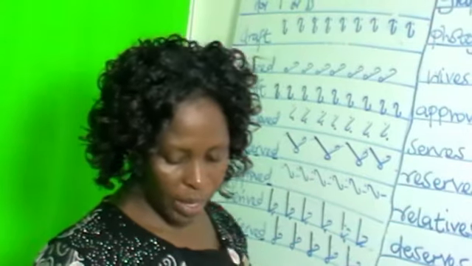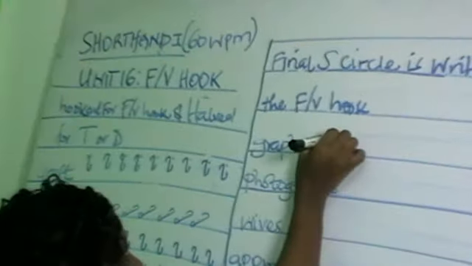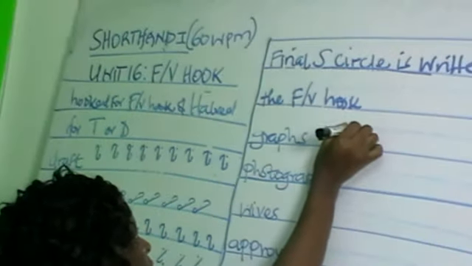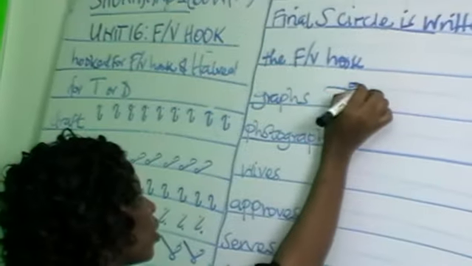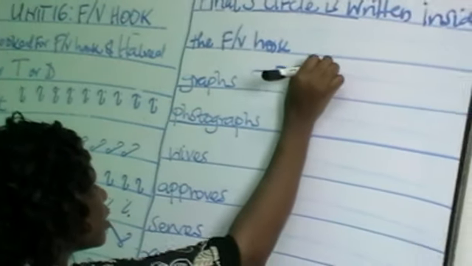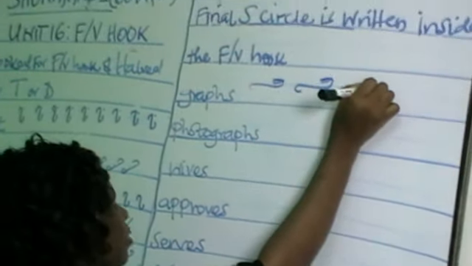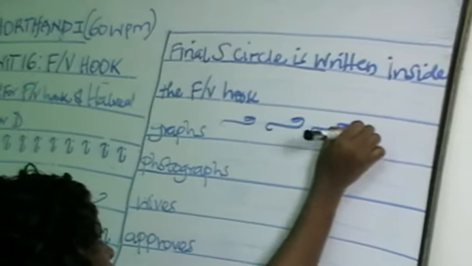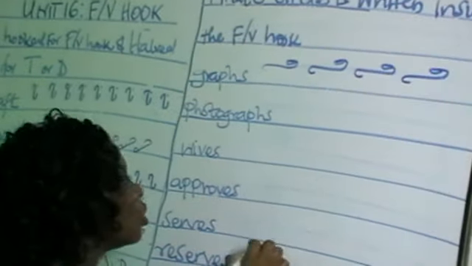For example, here we have the word graphs. Graphs will be a stroke of G, ukti for R, ukti for F, and a circle inside. Graphs. So the circle will be inside the hook.